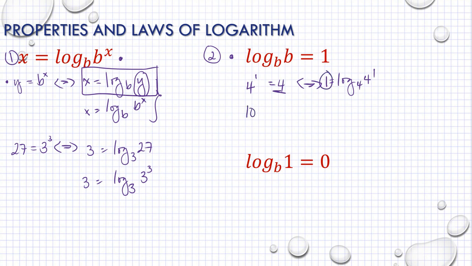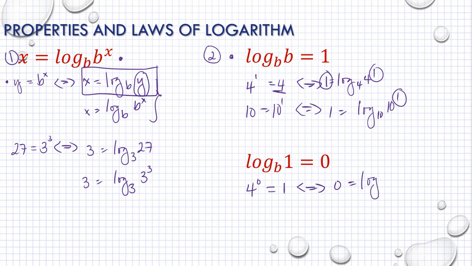Another example is 10 is equal to 10 raised to 1, if and only if 1 is equal to logarithm of 10 raised to 1 with a base 10. So the exponent there is 1. How about this? We have, for example, 4 raised to 0 is equal to 1, if and only if 0 is a logarithm of 4 raised to 0 with a base 4.